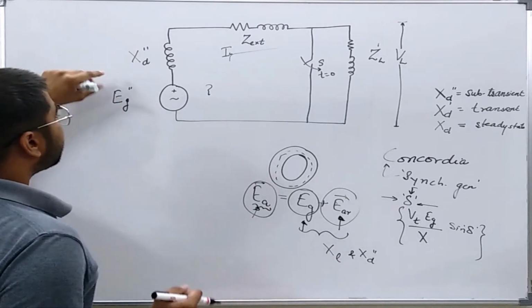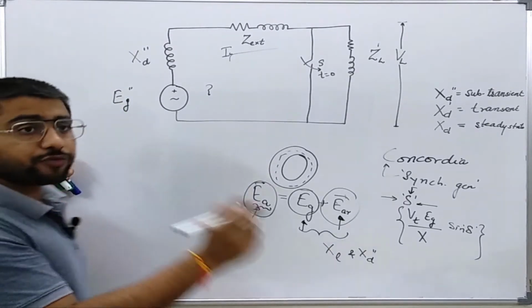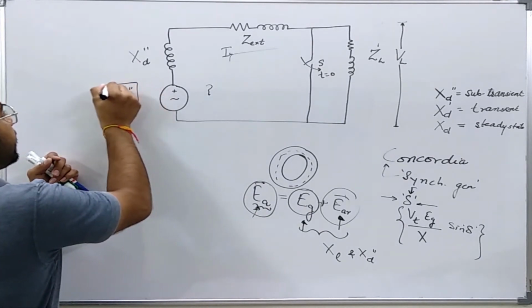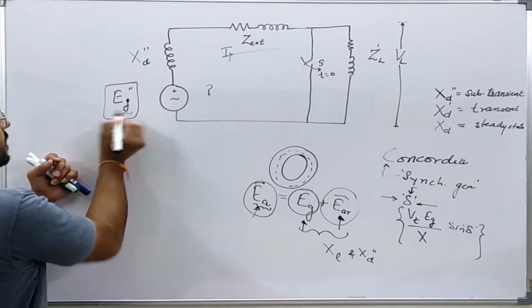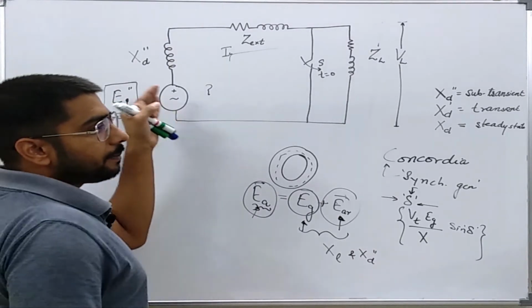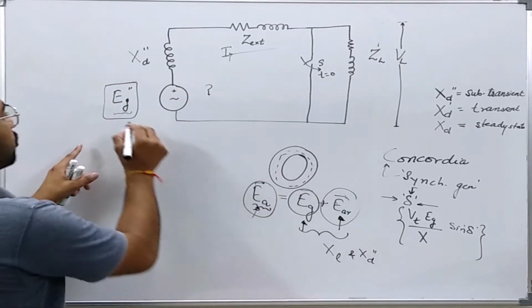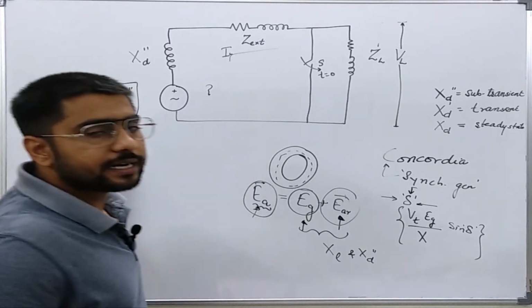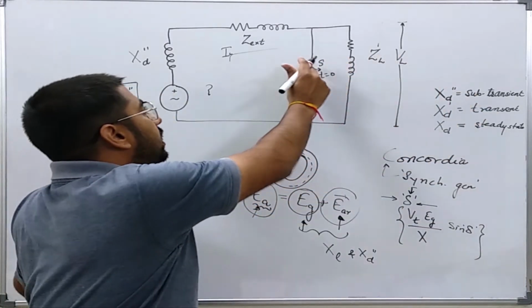So as of now I don't know the value of this voltage source. I have given it the name EG double prime. I have to find this value, but now we are sure that it depends upon the load current which was flowing through the generator before the fault occurred.